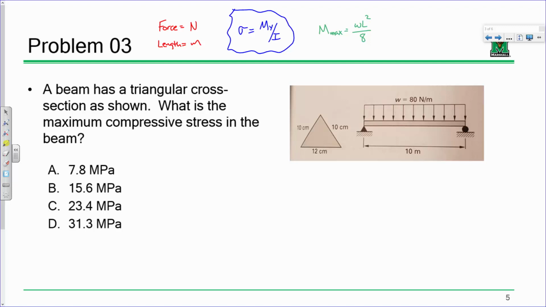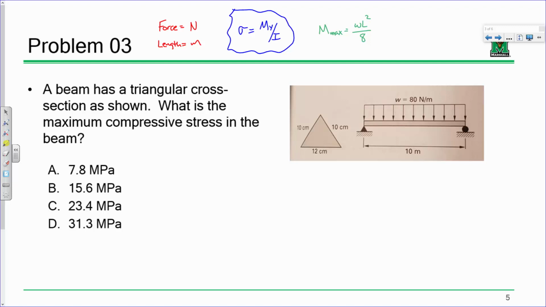Now what's the problem asking for? The problem is asking for the maximum compressive stress in the beam. So how do beams bend? This beam's going to bend like a smiley face or a frowny face? Which side of the beam is experiencing compression, the top or the bottom?